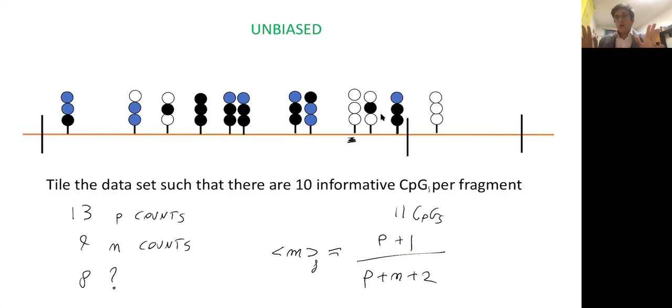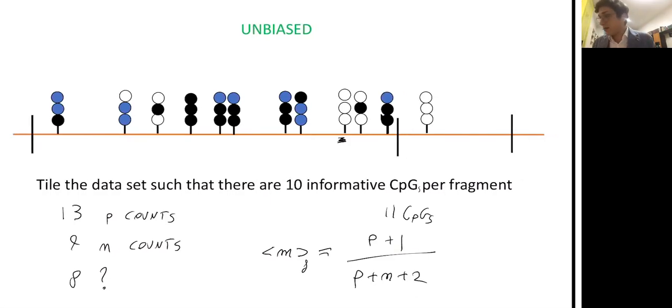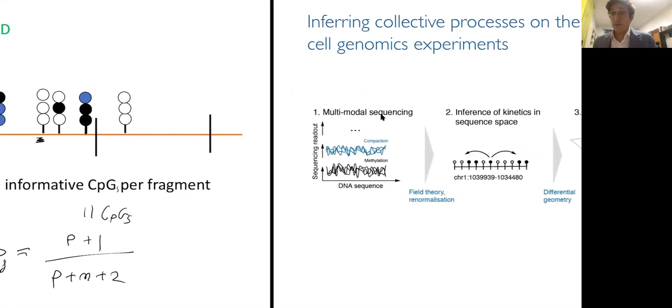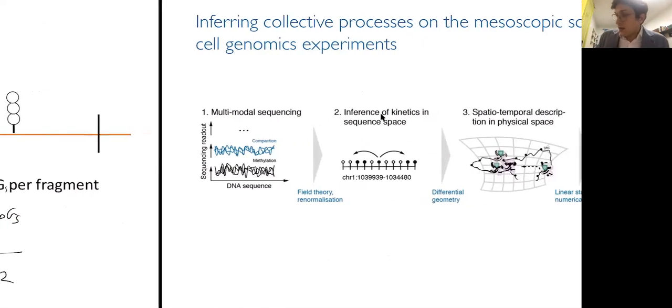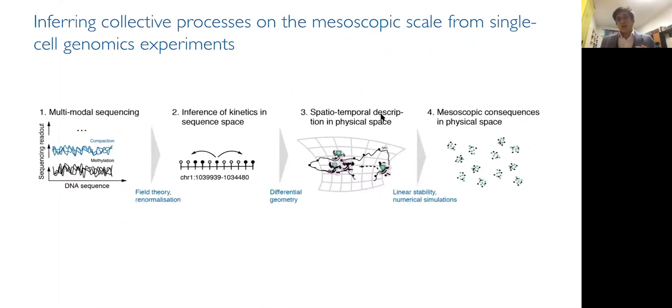And so now we read the data, we decide a way in which we divide the data set, and we compute the average methylation for each region, which we call unbiased. And what we can do now is to look at them. This is an overview of what we are going to do.